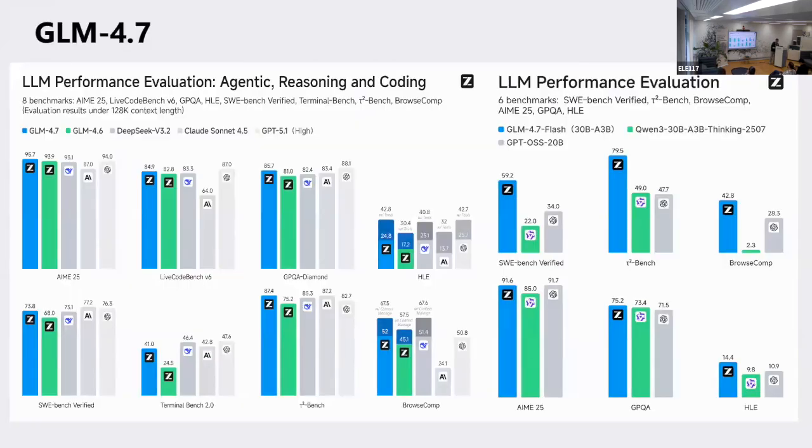First, let me introduce GLM-4.7. It's our flagship model today, and it comes in two sizes. One is GLM-4.7, and the other is GLM-4.7 Flash, a lighter MoE model with only 30B total and 3B active parameters to be fast and efficient.